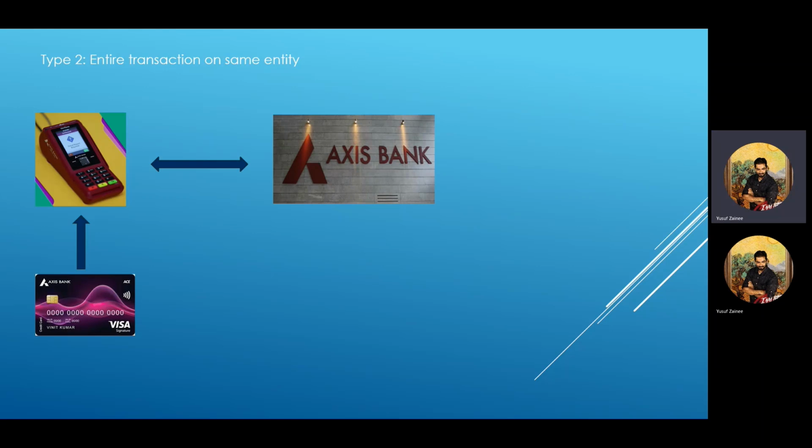When the card issuer and the acquirer are the same, you save cost, because there is some cost involved when the payment scheme comes into the picture. So the validation and everything is done on the Axis Bank side itself. And once the validation is done, it sends back that the transaction is successful or a failure. In either case, you see that information displayed on the screen and the corresponding message gets printed on the receipt.